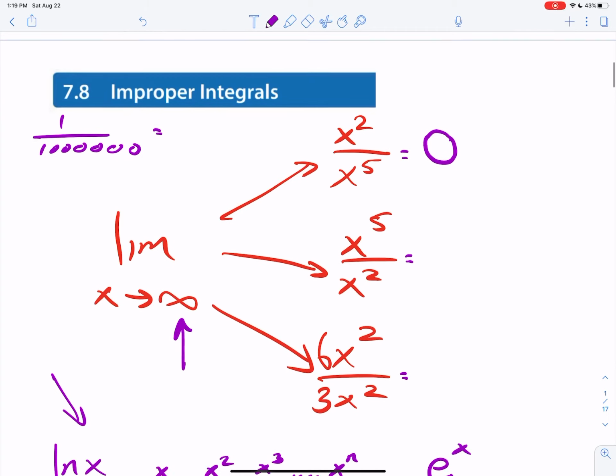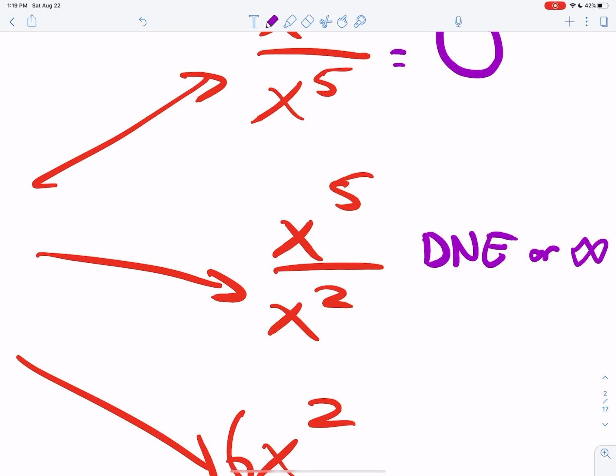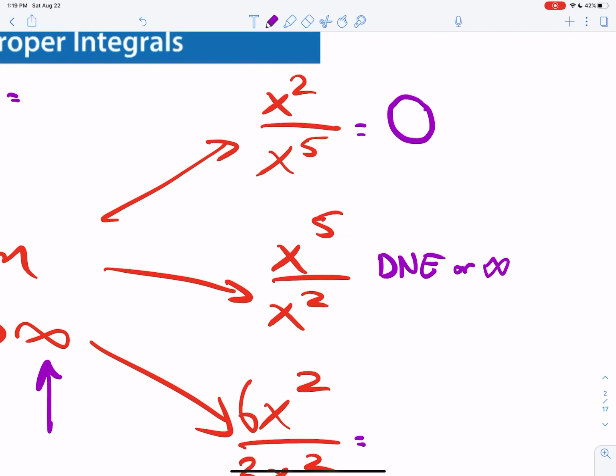Now, if the numerator is getting larger faster, then you know that the limit will not exist. It will just go all the way to infinity. Because the numerator is just getting way larger. Eventually, that denominator will be obsolete.